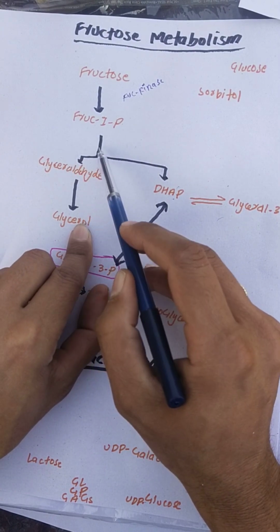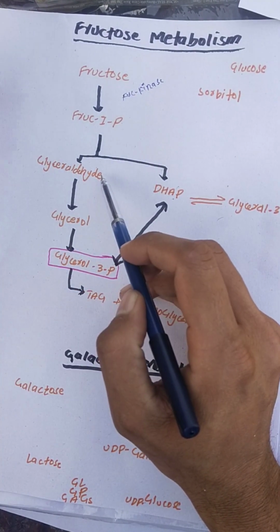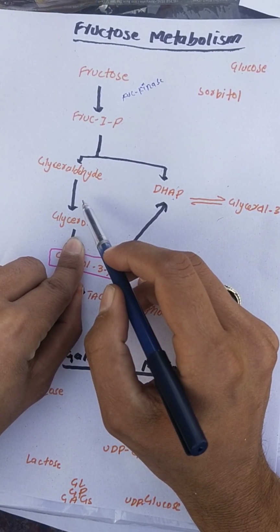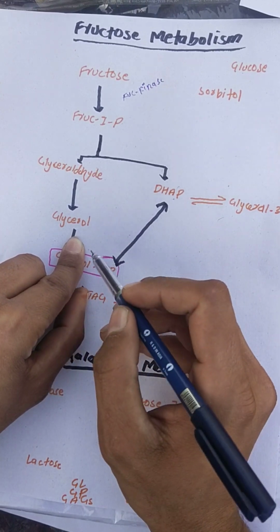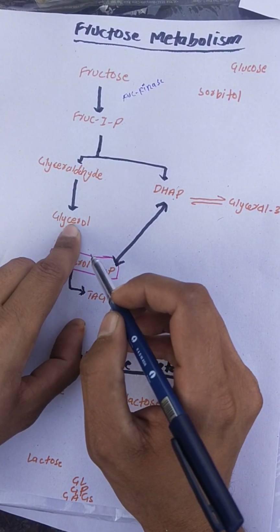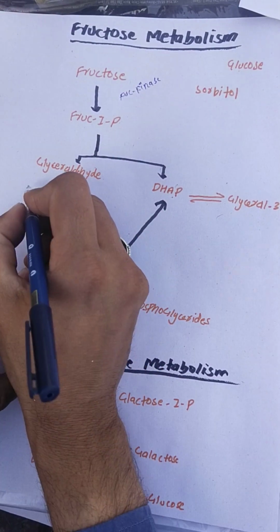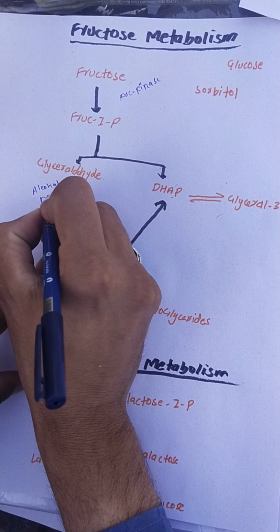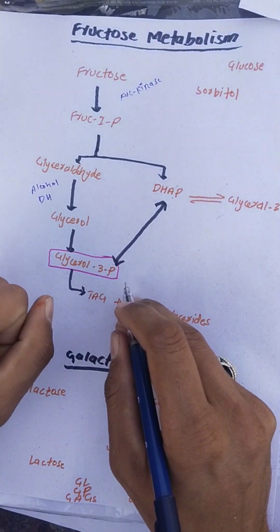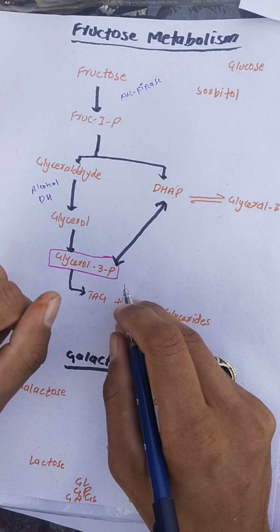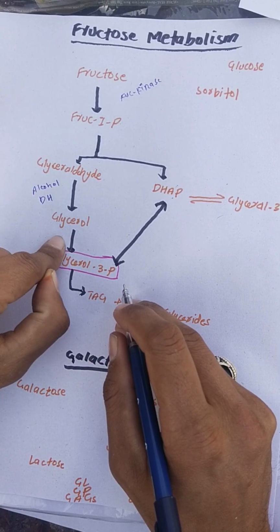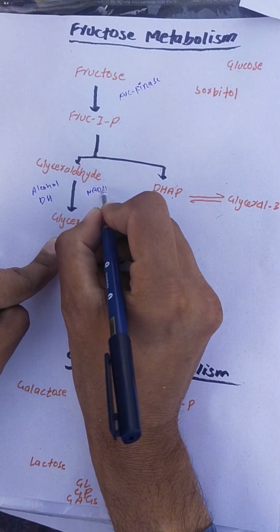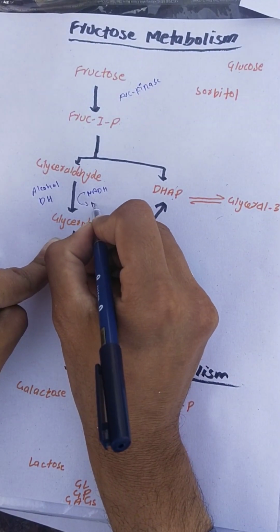Because in this step, when glyceraldehyde is formed without phosphate, it is converted into glycerol with the help of the enzyme alcohol dehydrogenase. This enzyme converts glyceraldehyde into glycerol, and here NADH is used and forms NAD.